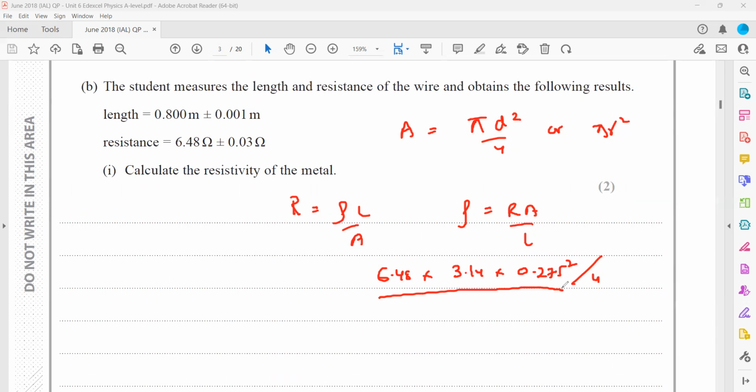Then multiply by the resistance, and divide by the length. The length is equal to 0.8. So this will give us a value for the resistivity of the wire, that is 4.8 times 10 to the power minus 7. And the unit of the resistivity is ohm meter.